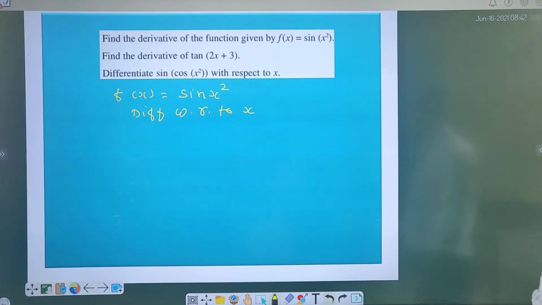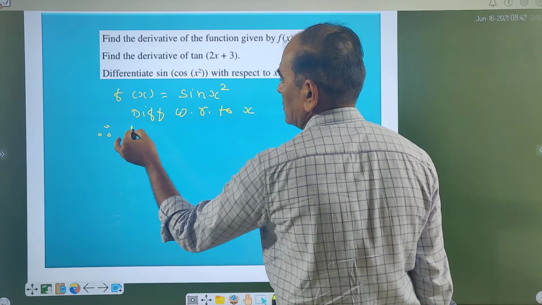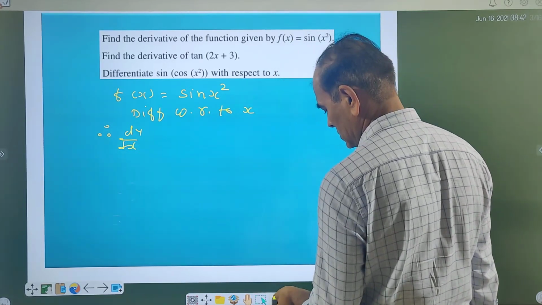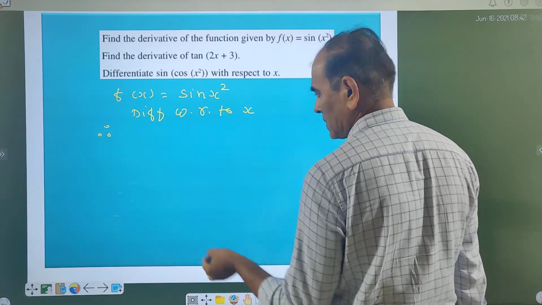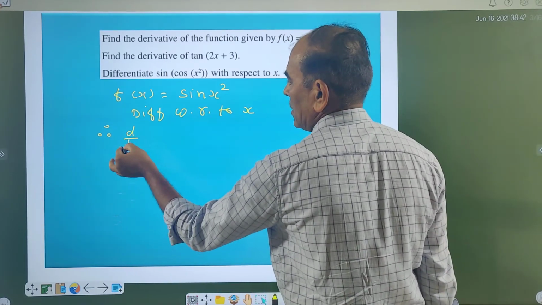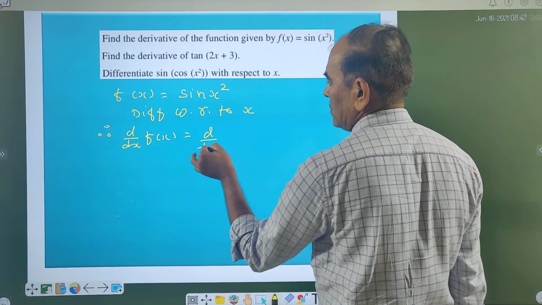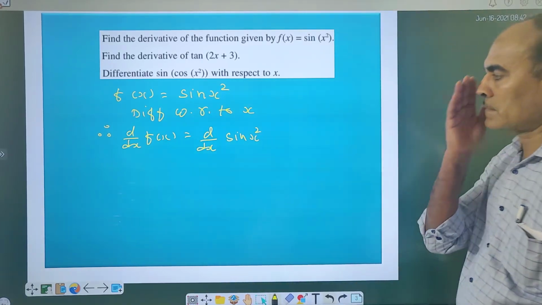See, this line is necessary. Here we are differentiating with respect to x. d by dx of f of x is equal to d by dx of sine of x squared.